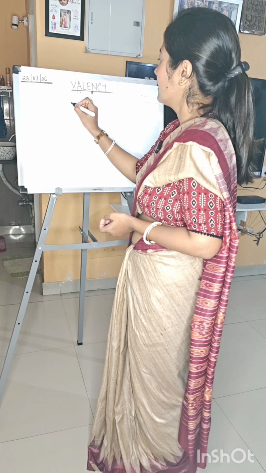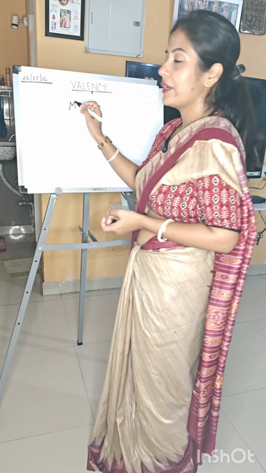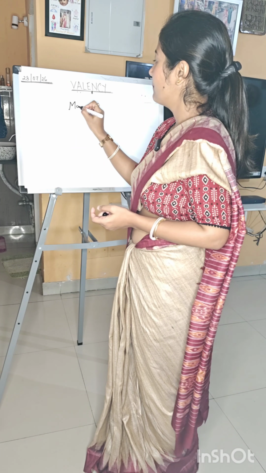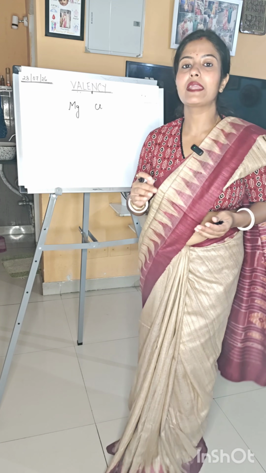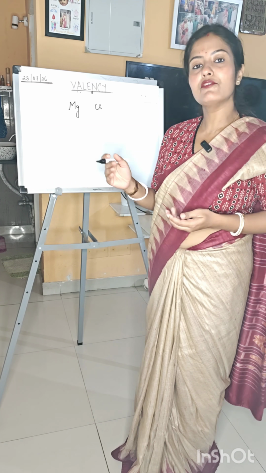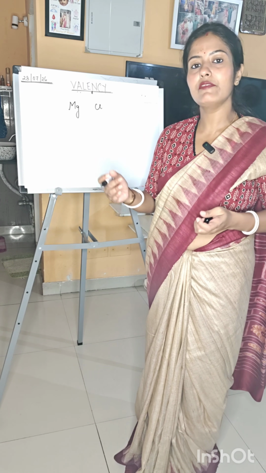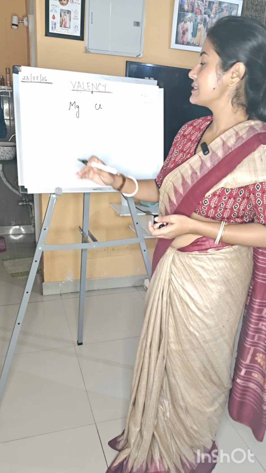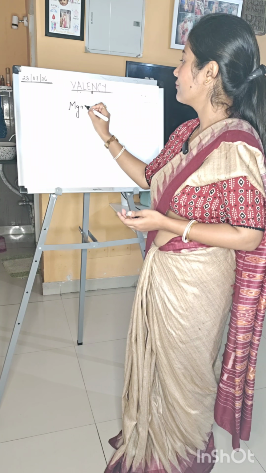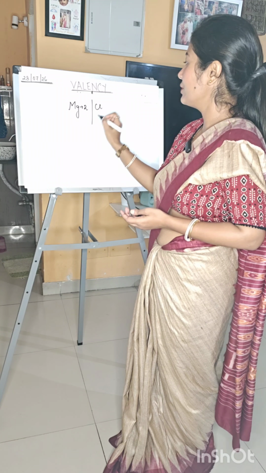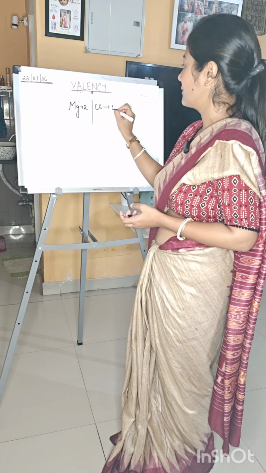For example, the question is, suppose magnesium and chlorine combine to form the compound magnesium chloride. So what will be the formula of the compound? How will we know that? In the previous discussion we have seen that magnesium has a valency of 2 and chlorine has a valency of 1.